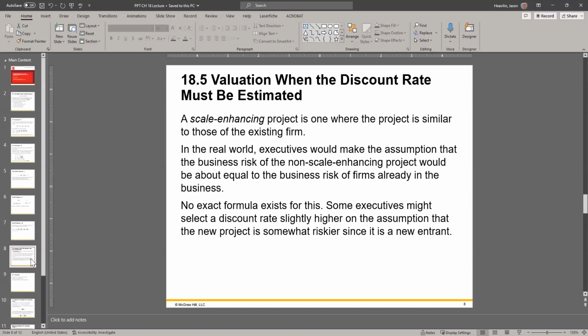Sometimes the project might be unique enough or different enough, or have some details that make it different enough where you should estimate the discount rate for that specific situation and not use the averages of the company.